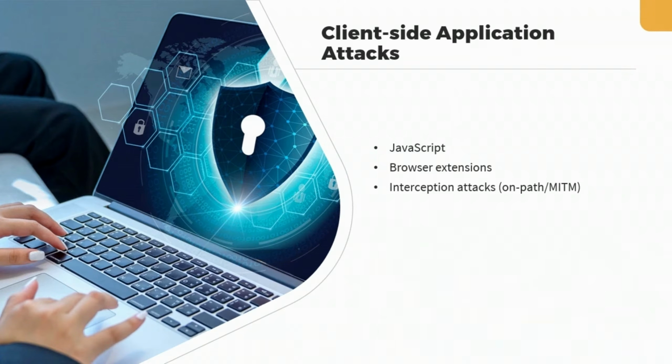An interception attack, which is also called an on-path or man-in-the-middle attack, MITM for short, occurs when an attacker positions themselves in the communication between the client and the server. They can intercept traffic, and depending on the nature of the traffic and the application, they might be able to modify the traffic and then send it on.